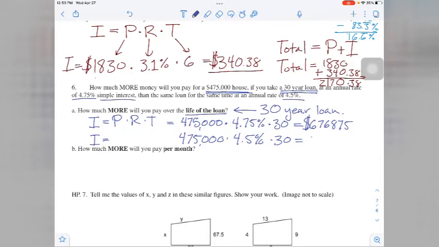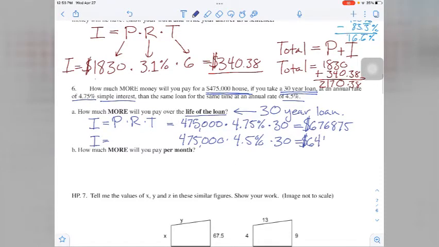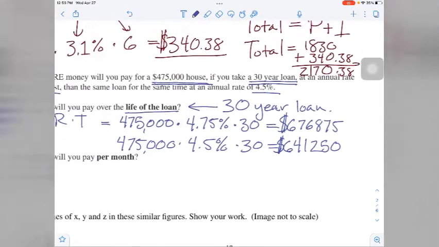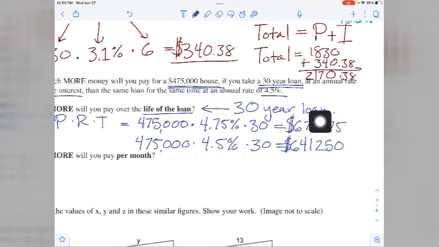So this one is only 0.25% less, but over a 30-year loan with simple interest, we would end up paying $641,250.